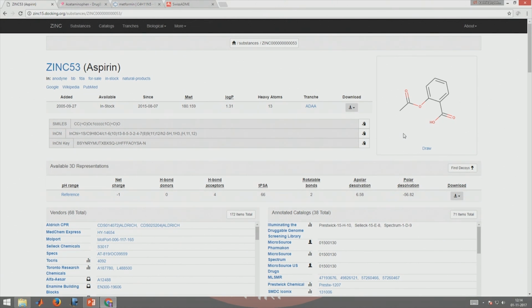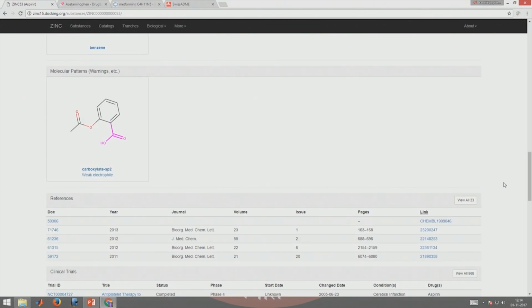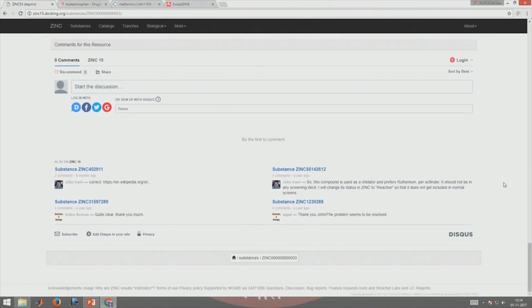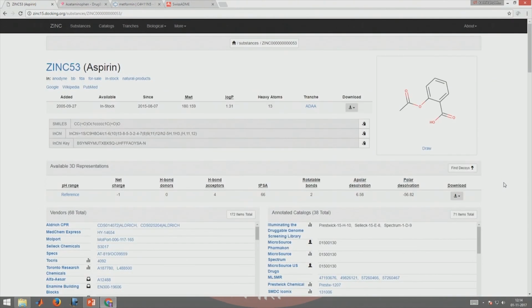Rotatable bonds, it has got 2 rotatable bonds. Desolvation, the apolar desolvation and polar desolvation. So, some properties either experimentally determined or obtained from theoretical modeling are given. In addition, other information is also given about this molecule.